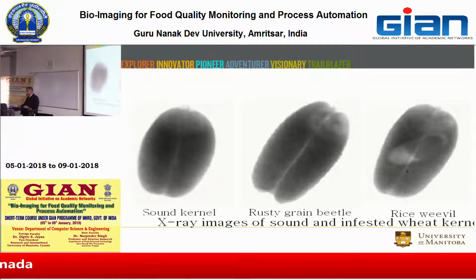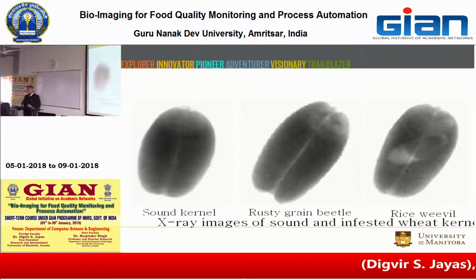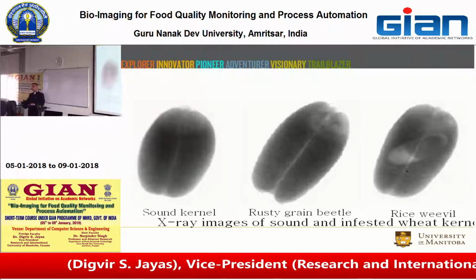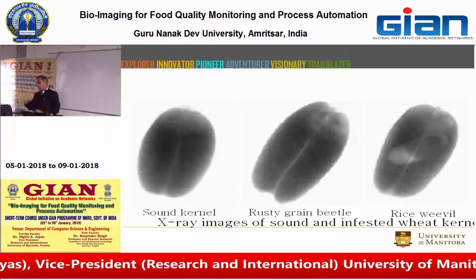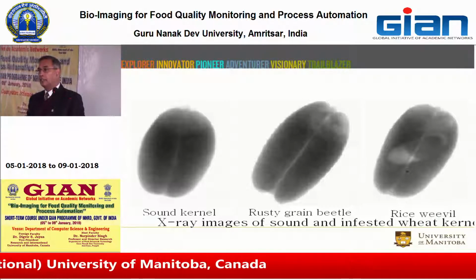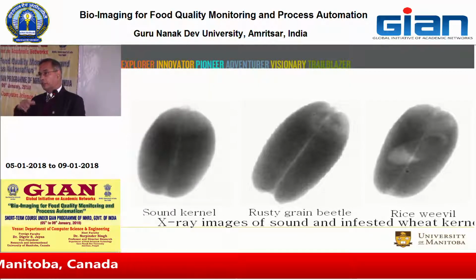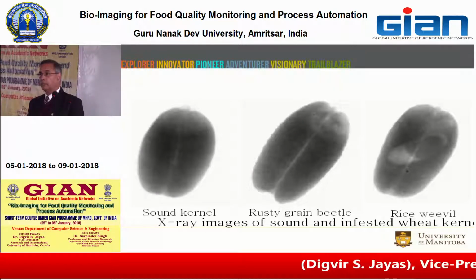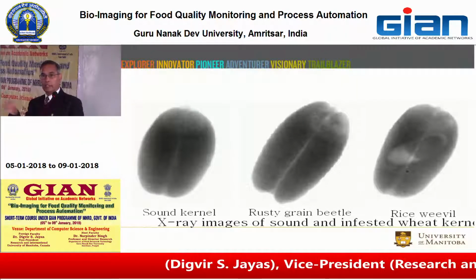It grows in the germ end, so the top part is at a very different intensity than the rest of the image. And in the rice beetle, I don't know if you can see, the larva is developing about here, and you can see the difference in the larva development.